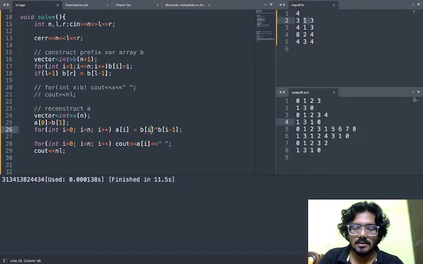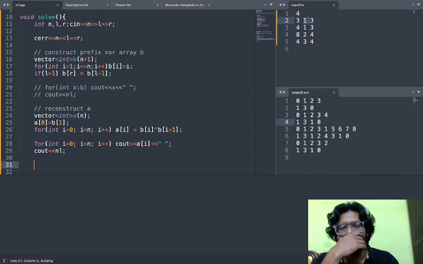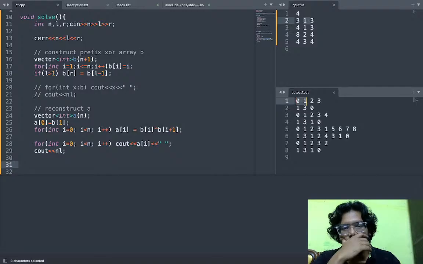Then if we make 0 and plus 1. But does this make sense? Yeah, I think so, because we will be XORing 0 and 1, 1 and 2, 2 and 3.